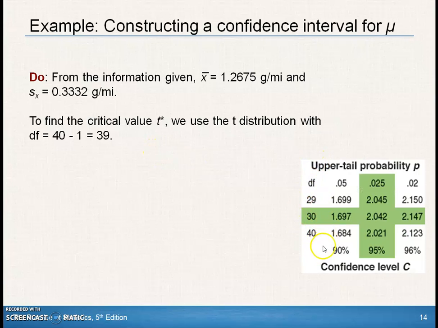Uh-oh, no 39. So we don't use the closest, like 40; we use the one that is a little bit bigger. So instead of 2.02, we're going to use 2.04, and make sure we include this 95% confidence interval. So 2.042 is our value.